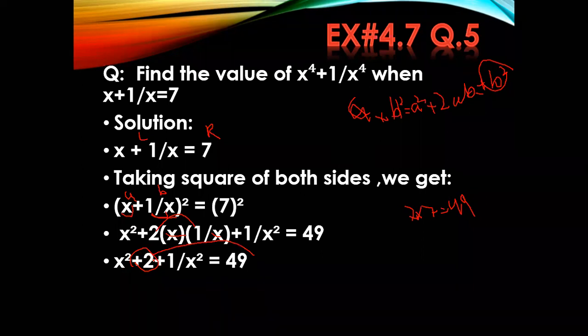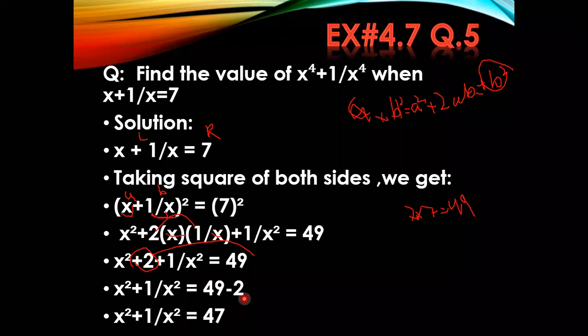So what will be left here: x squared plus 1 upon x squared equals 49 minus 2. 49 minus 2 is 47, so x squared plus 1 upon x squared is equal to 47.